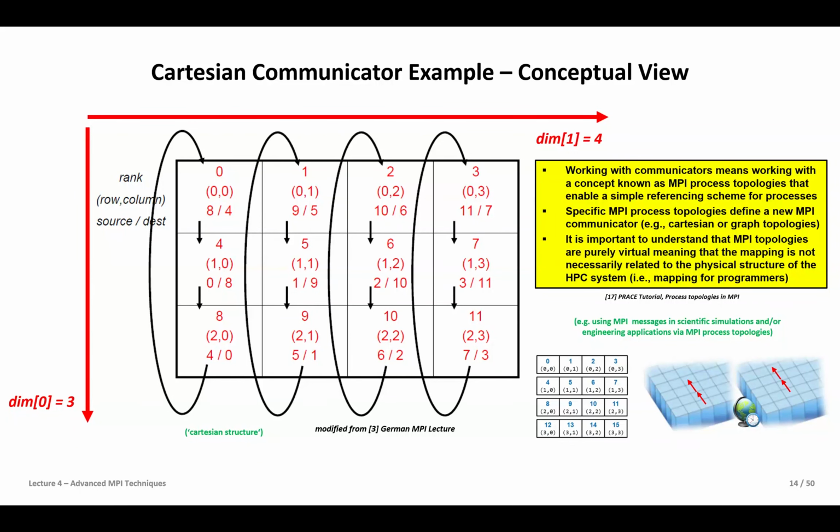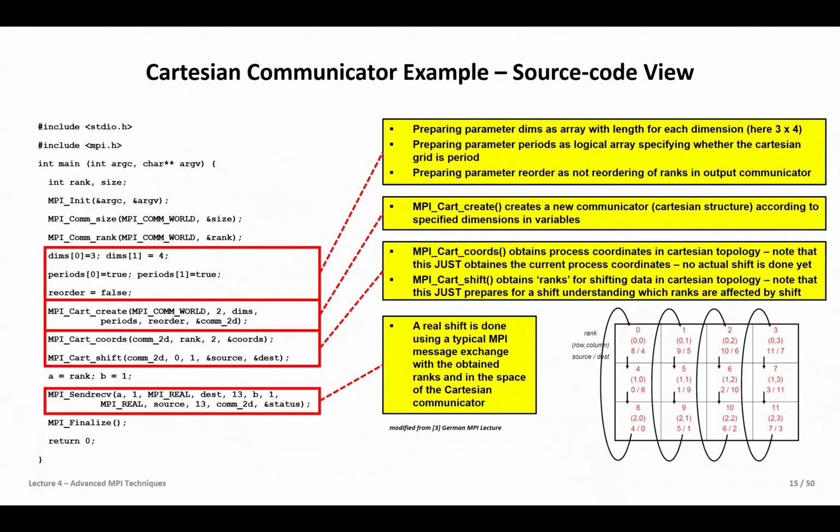That's the most common problem that students sometimes miss with this, also in exams. I mean, we have a final project, so you maybe will not run into this. The shift is just preparing the data exchange. The real data exchange is still send receive. But the shifts will basically tell you, okay, that is where we get the source and destination of the processes. Also, this will be explained a little bit in the next practical lecture where I demonstrate this all.